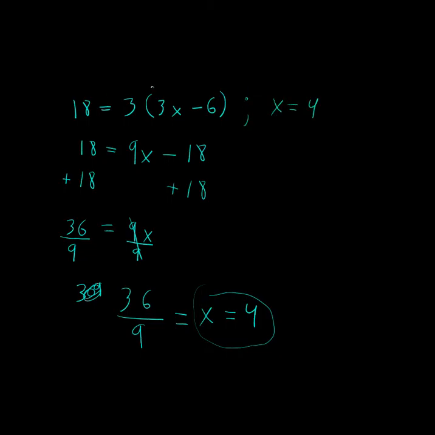And if we want to check ourselves, we can. Let's see. So 18 equals 3 times (3 times 4 minus 6). And so what's this going to be? Well, 3 times 4 is 12 minus 6. So all in all, that would be 6 inside of these parentheses.